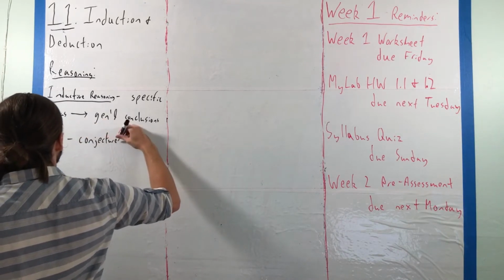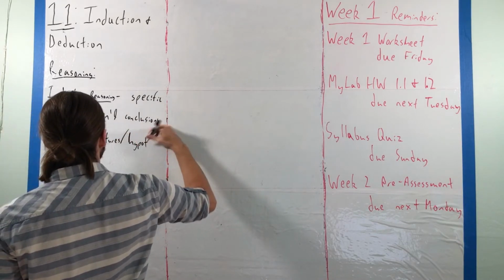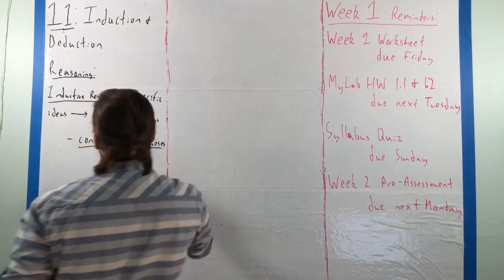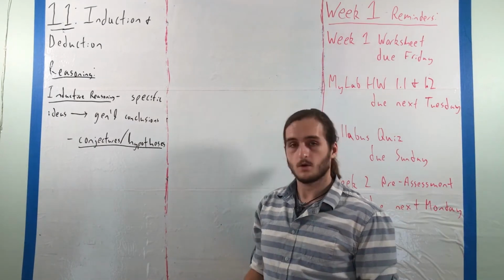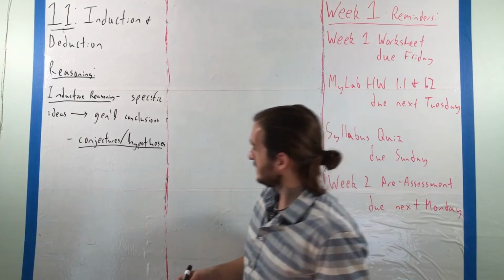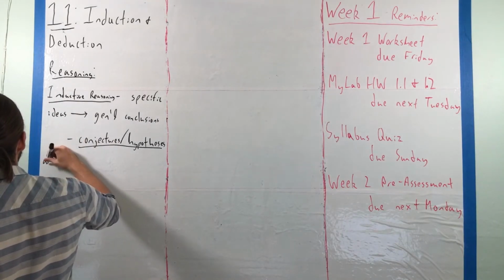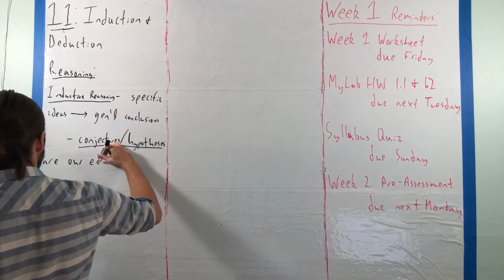Now, you've probably heard at least one of these terms before, and for our purposes, they're somewhat close to being interchangeable. What we're looking at with a conjecture or a hypothesis isn't anything too special. It's really just our educated guesses.